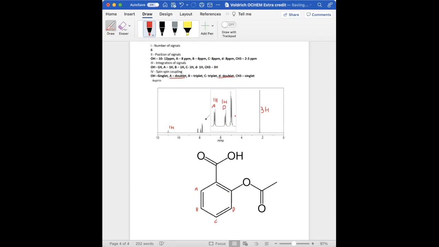Now, this last signal has about six peaks, and therefore it's probably the interaction between B and C, since they are both triplets.